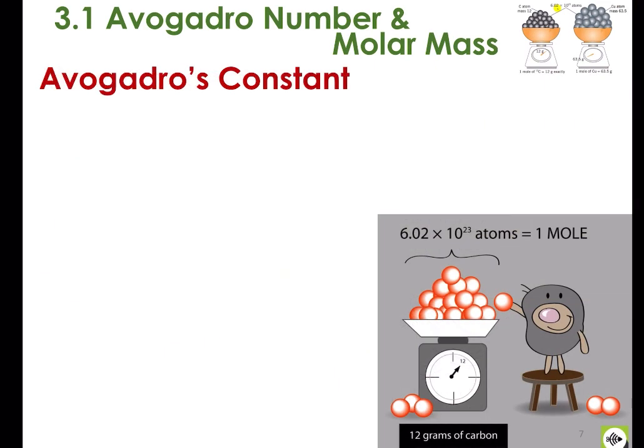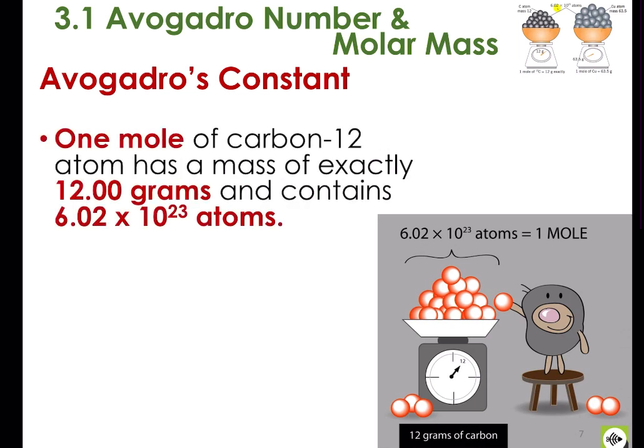So, let's get into the relationship between mole and the Avogadro's constant. For your information, 1 mole of carbon-12 atom exactly has a mass of 12 gram and contains 6.02 exponent 23 atoms.